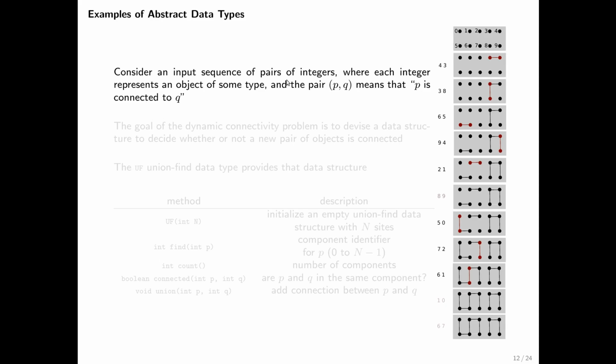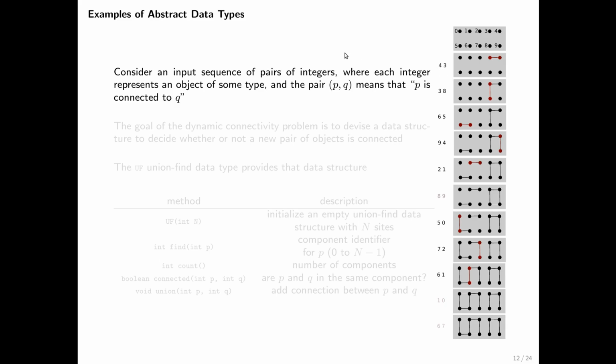And then you get these pairs, pairs P, Q. When you receive a pair such as this, what it means is P is connected to Q. So when you get a pair, you check if P and Q are connected or not, and if they are not connected, then you establish a connection between the two.